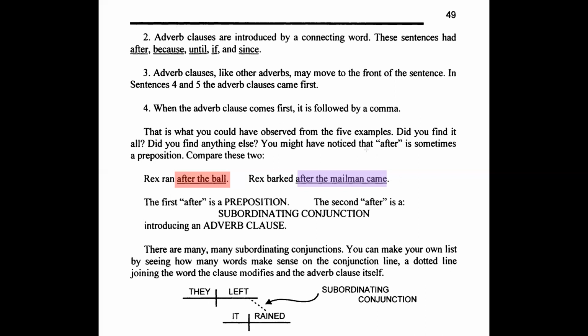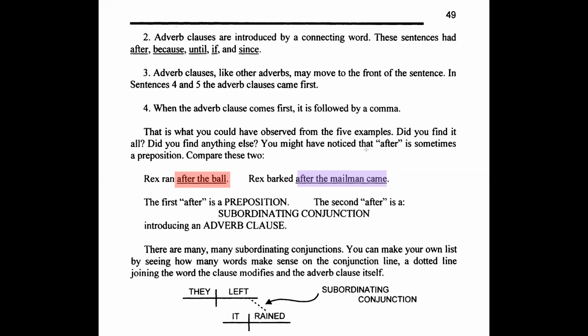So there are two ways of kind of going about identifying adverb clauses. One is to say, I see a subordinating conjunction. Therefore, this must be an adverb clause. But you should double check, make sure it actually is a subordinating conjunction and is actually a clause.